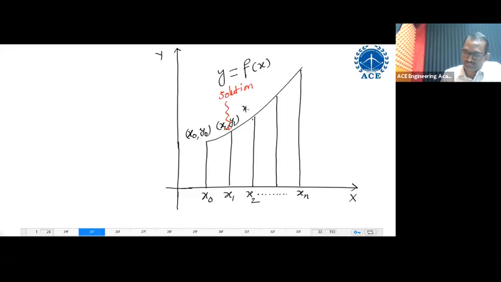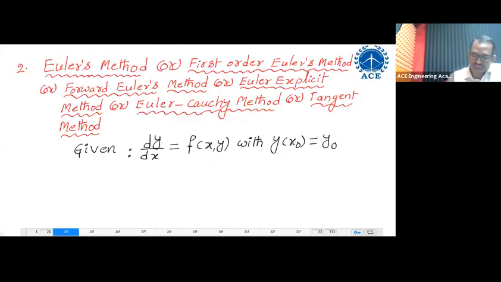Then x1, y1, x2, y2, up to xn, yn. Now I want to draw a tangent to the curve at the point x0, y0. I have drawn a tangent to the curve at the point x0, y0.